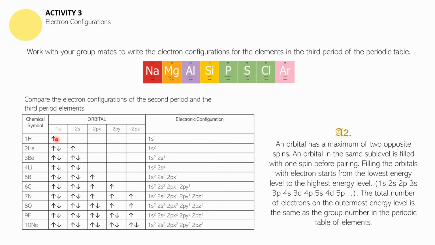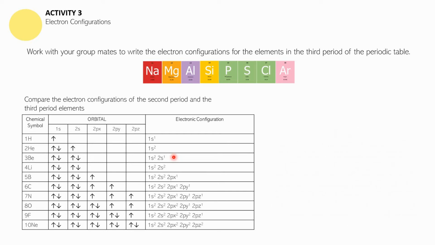Since it only has 1 electron, the atomic number of hydrogen is 1, and its group number is 1. So it corresponds to that. The total number of electrons in the outermost energy level, or the total number of valence electrons, corresponds to the group number of the element in question.